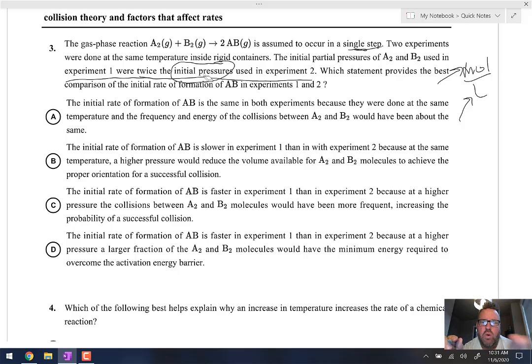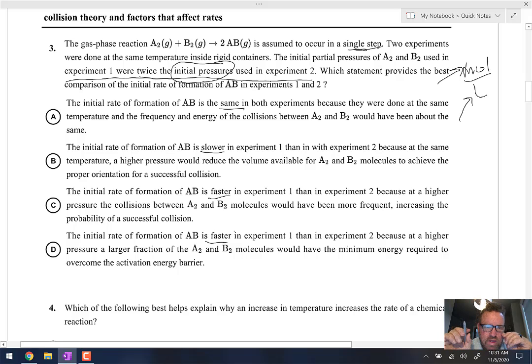Okay, so which statement provides the best comparison of the rate of formation of AB in experiments 1 and 2? Right away, "same" might be right, but for right now, I'm thinking that experiment 1 is going to go faster. "The rate of formation of AB is slower": nope, I don't think that's right either. C and D both say faster, so I'm going to focus on those two.